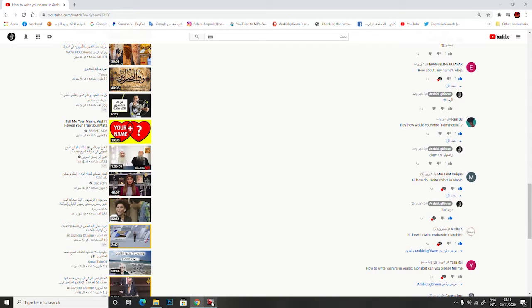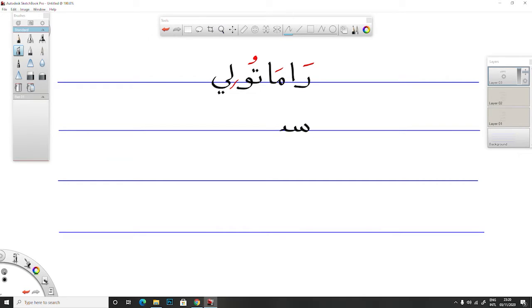Shibra. This is the initial form of the letter Shin, the medial form of the letter Ya, also the medial form of the letter Ba, and the final form of the letter Ra, and the isolated form of the letter Alif.